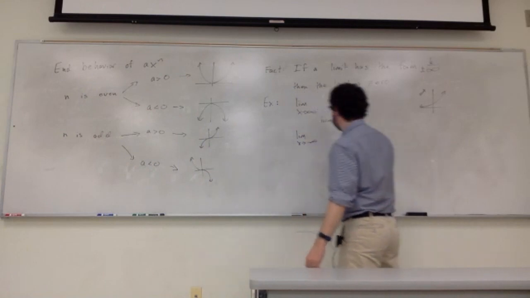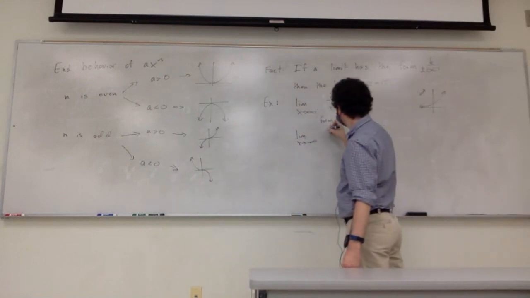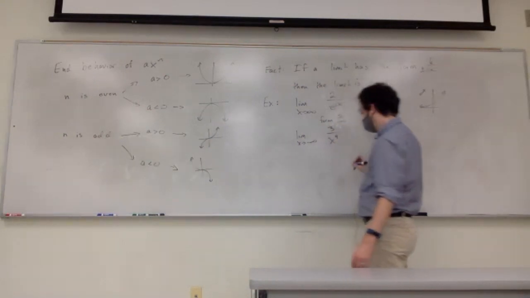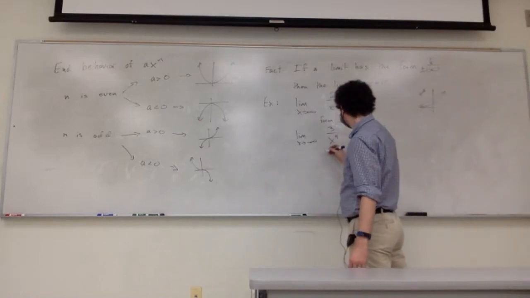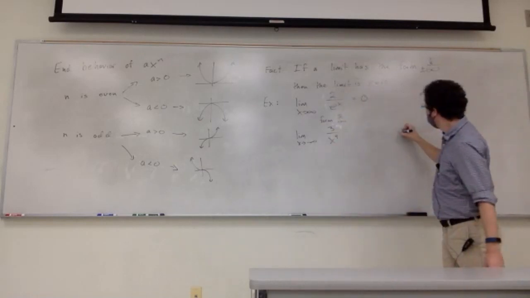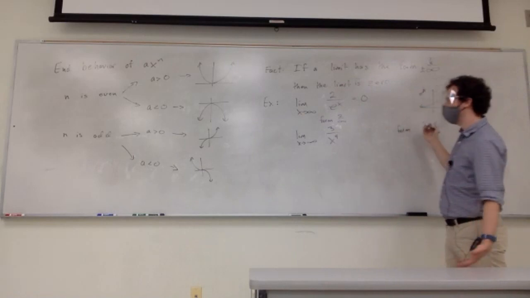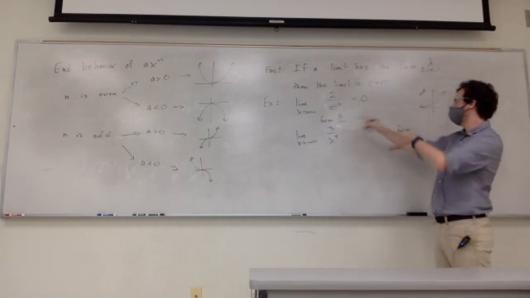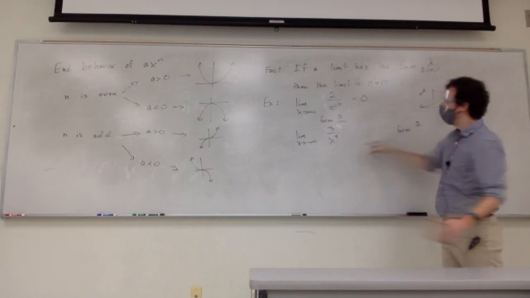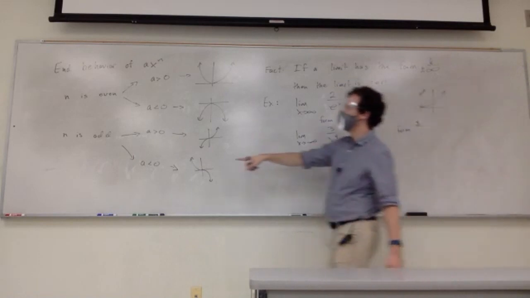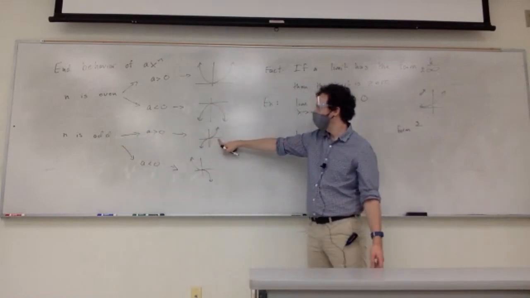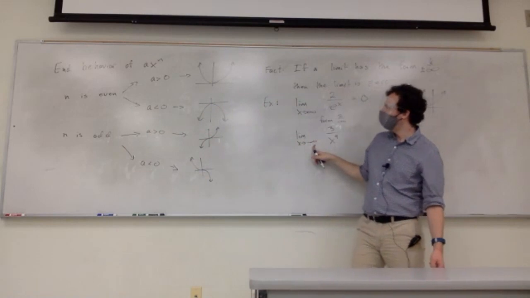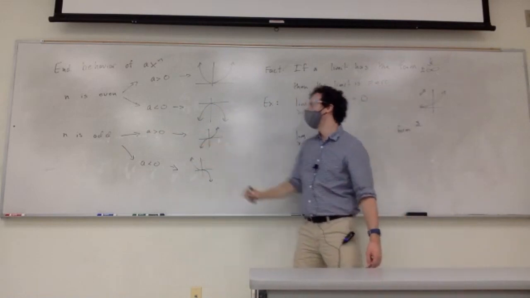If we try another one, let's go to minus infinity of 3 over x to the 9th. Here again, if we think about the form of this, the top is fixed, so that's just 3. The bottom is x to the 9th, so that's odd. It just has a 1 in front, so it's positive. It's got this shape. And if we're going to minus infinity, we're going down to minus infinity.